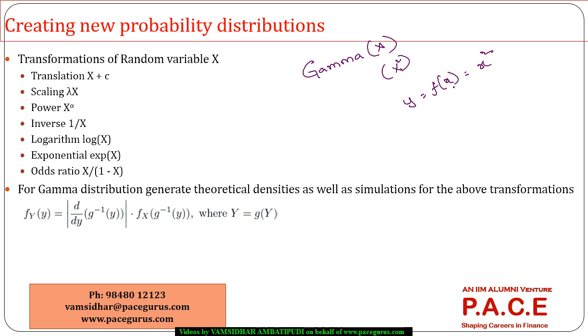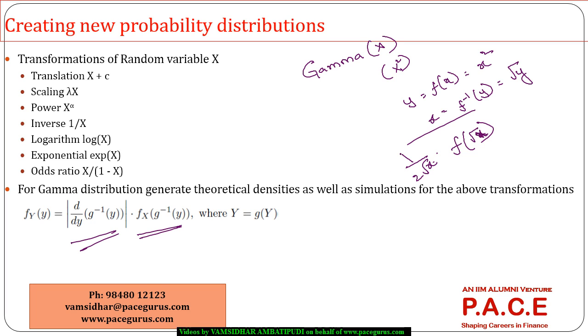Based on that, x is nothing but f inverse of y, equal to square root of y. So now you take f of square root of x, and you take the derivative of that, which is making 1 by 2 root x.